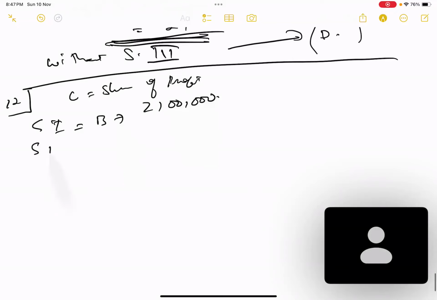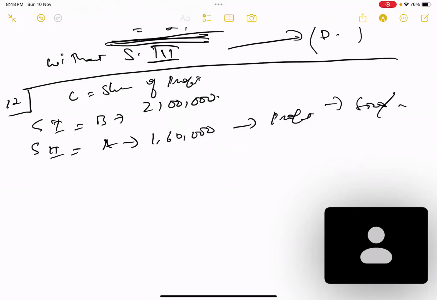Statement 2 says that A joined after 4 months, with a capital of 1,60,000, and it got a profit return of 8,000. And statement 3 says that C joined after 3 months.